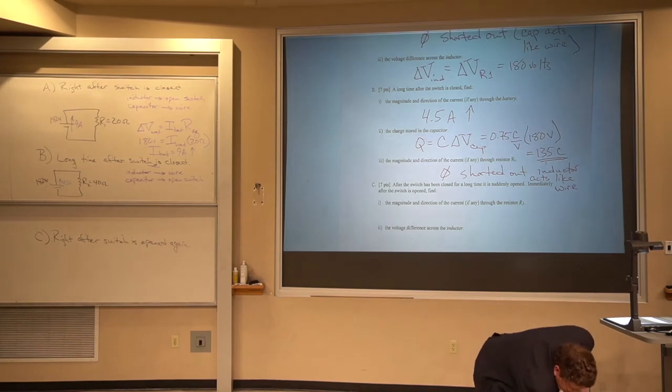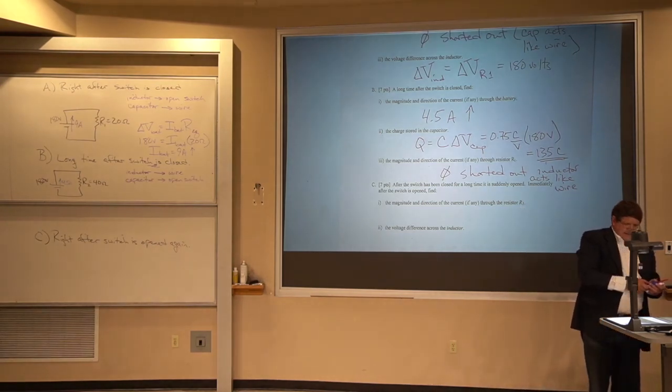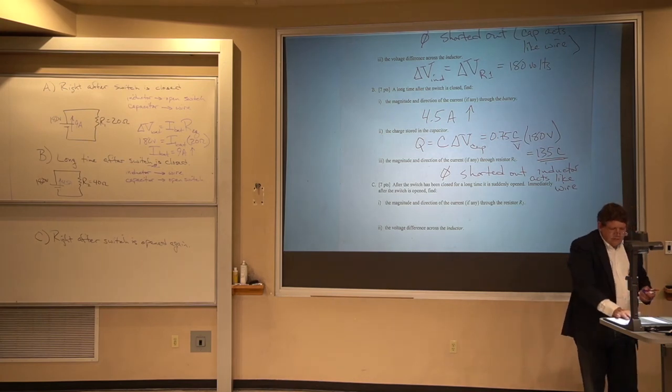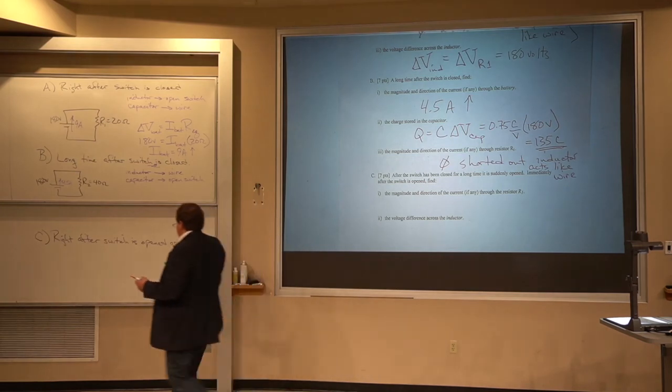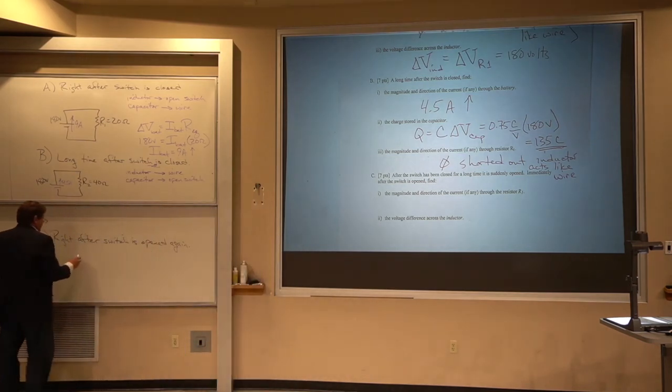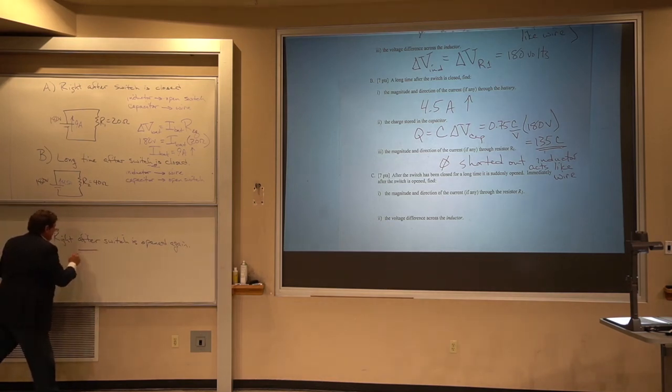Now, last part. Part C. If I open the switch again, I've got this circuit. The battery's completely out of the circuit now. And now what I have is an inductor parallel to R1, which is 20 ohms.